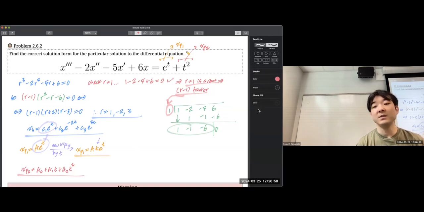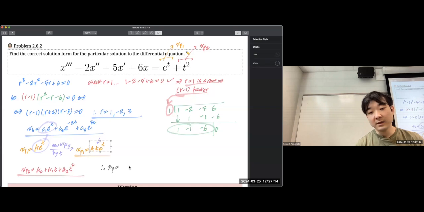You only multiply the sub-solution that needs it. Don't multiply everything because then you'll have the wrong solution form. So XP is going to be the superposition of these two. One of them will be this one, which is the XP1 solution, and the other one will be the XP2 solution, which is this one.